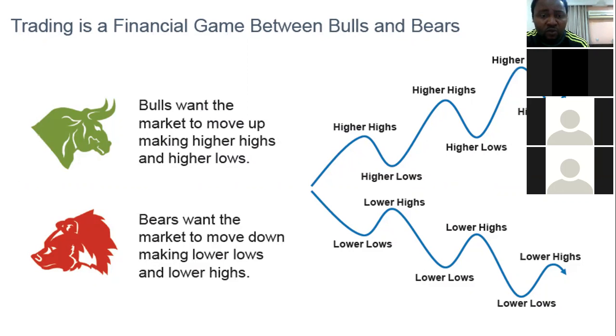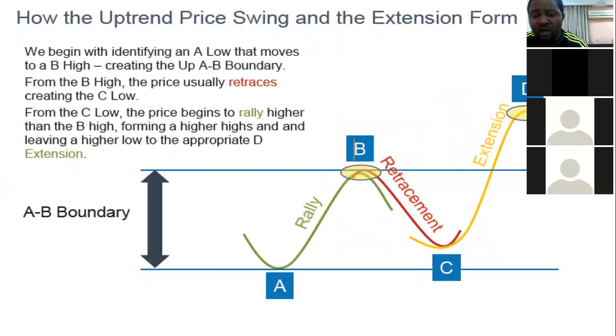So the bulls are forming higher highs and higher lows, while the bears' responsibility is to form lower lows and lower highs. Now, what are we looking at in an uptrend? We are looking at price moving from a given low, which is point A, to B. That is called the rally.